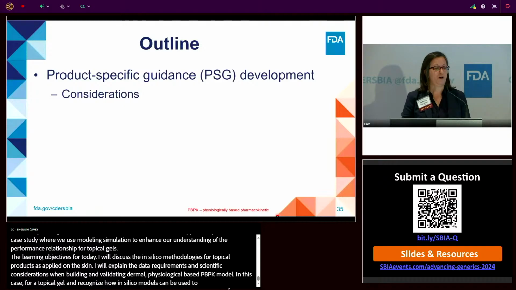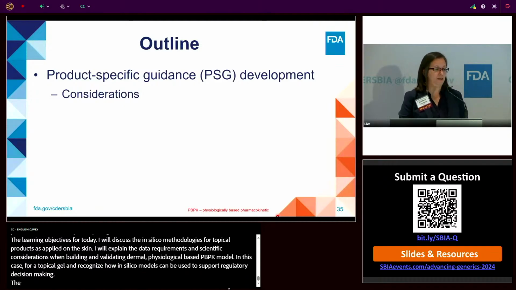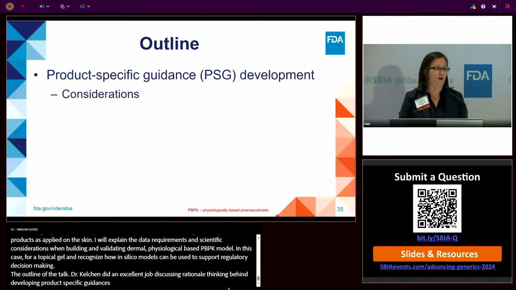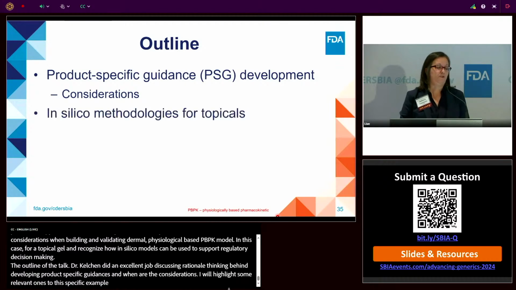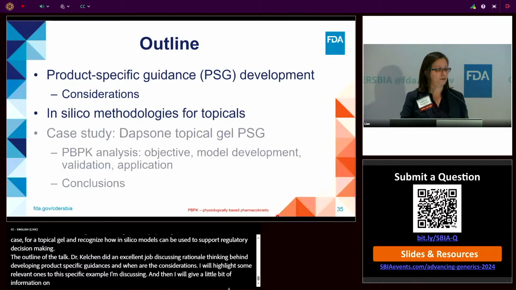The outline of the talk: Dr. Kelchen did an excellent job describing the rationale, the thinking behind developing product-specific guidances, and the considerations. I will just highlight some relevant ones, relevant to the specific example I'm discussing. Then I will give a little bit of information on in silico methodologies for topical products.